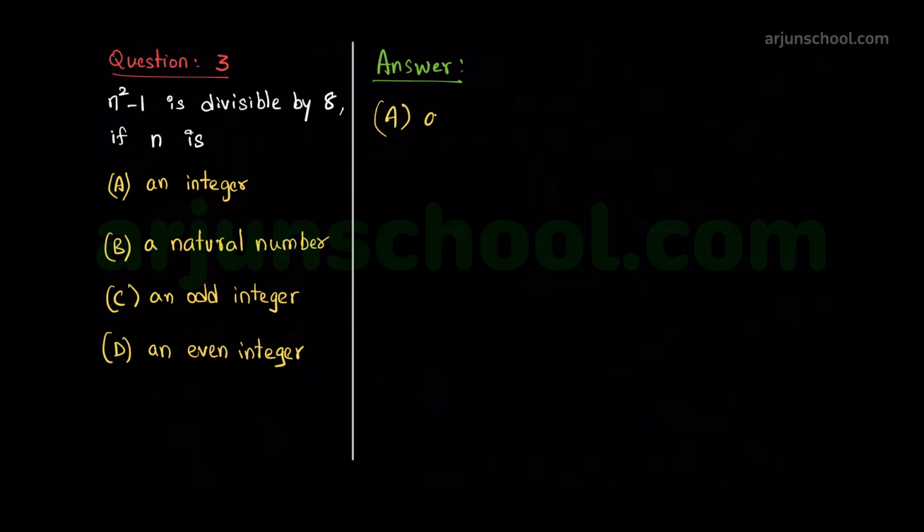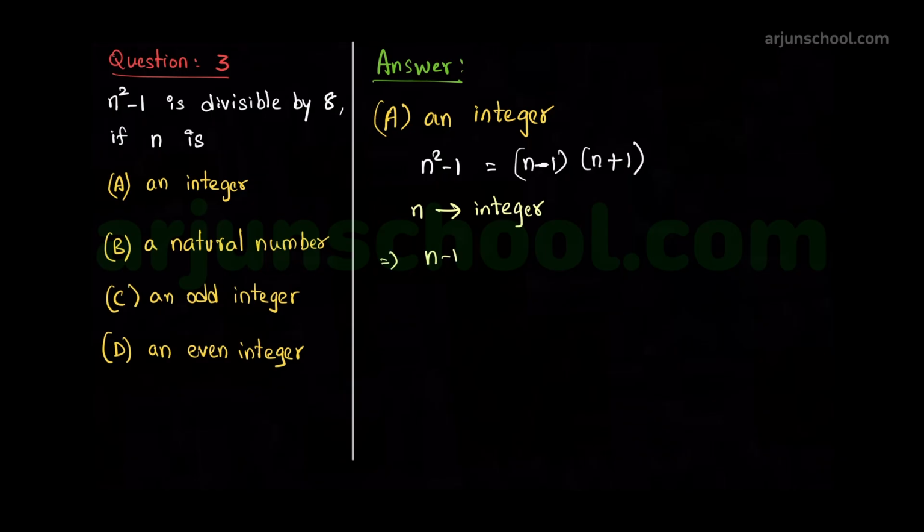If n is an integer, n square minus 1 can be written as n minus 1 into n plus 1. If n is an integer, then n minus 1 into n plus 1 is just a multiplication of two even integers or two odd integers.